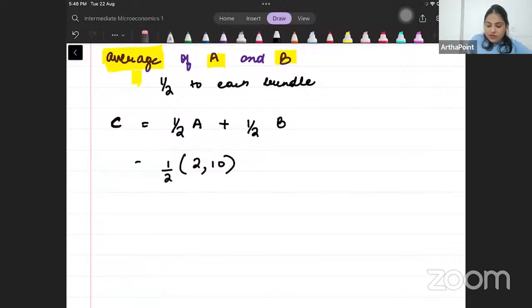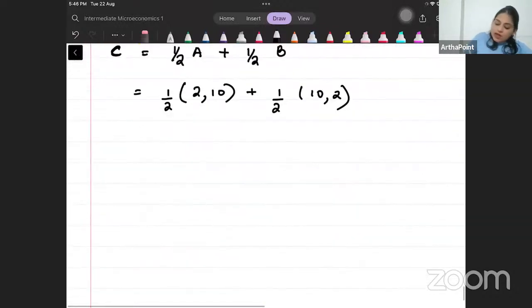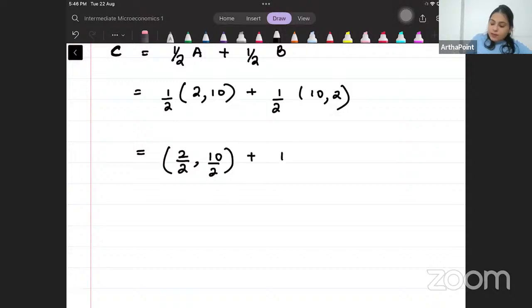Multiply this with half. And bundle B, beta, was 10,2. 10 units of good X and 2 units of good Y. Multiply this also with half. So beta, half से multiply करके ये हो जाएगा 2 divided by 2, 10 divided by 2 plus 10 divided by 2, 2 divided by 2.